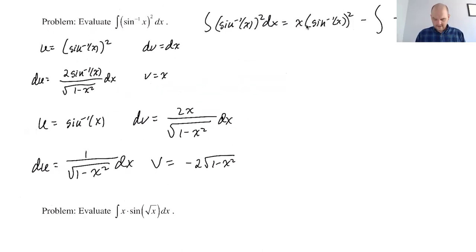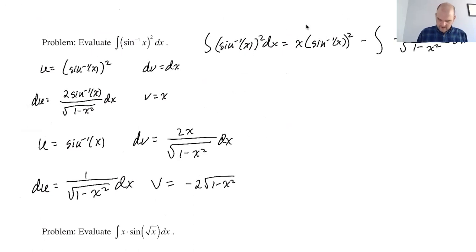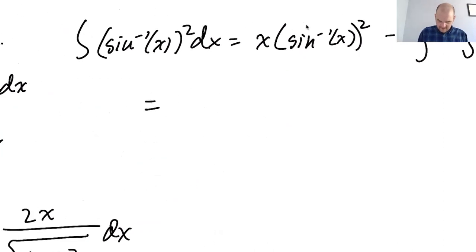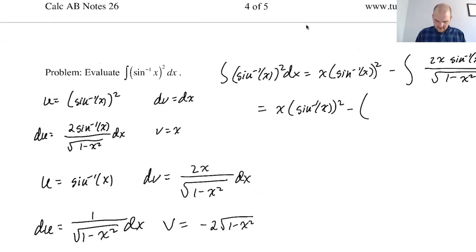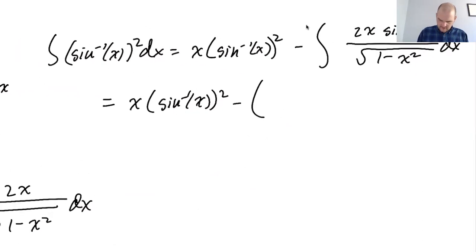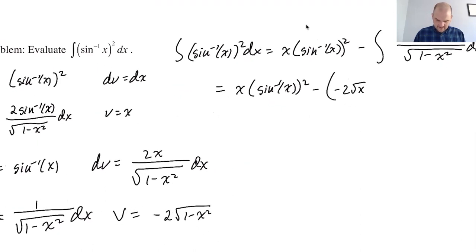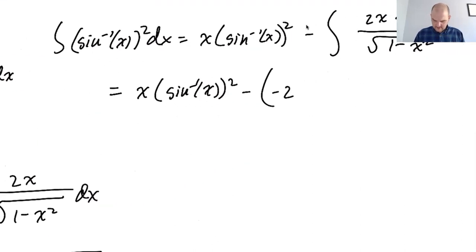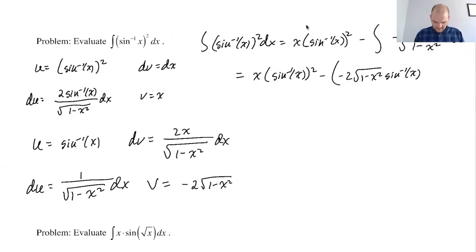So now what are we on? We're just going to go with an equal sign here for space reasons. We already have x sine inverse of x squared minus parentheses uv, so that's negative 2 root 1 minus x squared times sine inverse, and then minus the integral of v du.